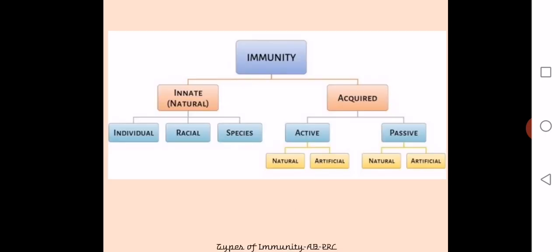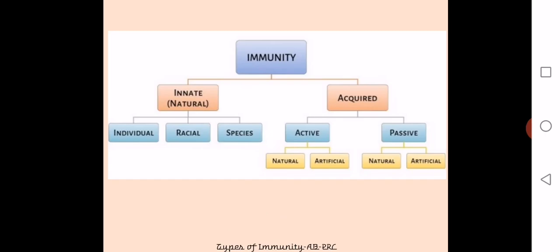In the last presentation, we saw that immunity has broadly been divided into two categories: innate immunity and adaptive immunity. Adaptive immunity is otherwise also called acquired immunity. Innate immunity is the immunity obtained by the body, and the specificity is provided by the genetic system.